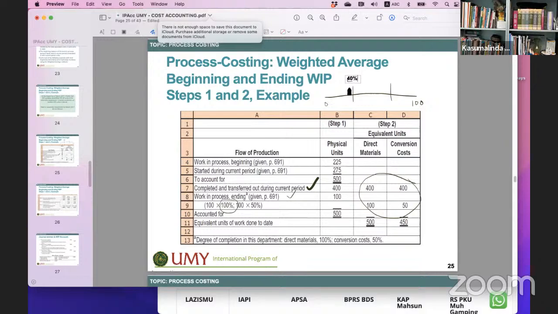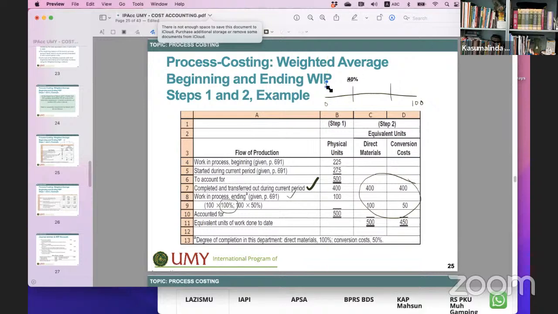The question should tell you. There is always a hint or a statement showing when the direct material is added. For example, if you read the full scenario in the textbook, the direct material is added at the beginning, meaning here.